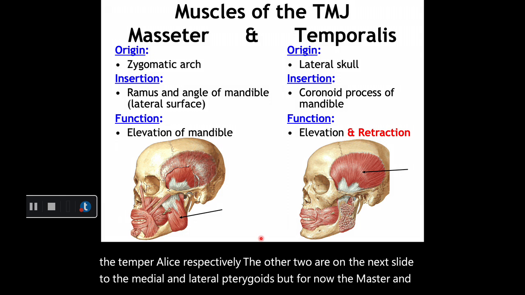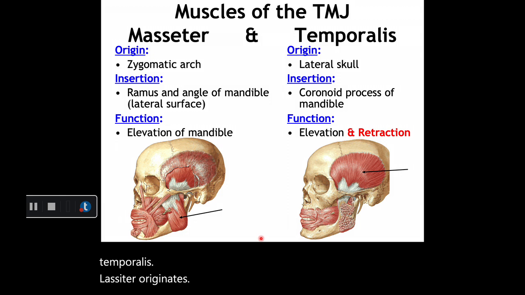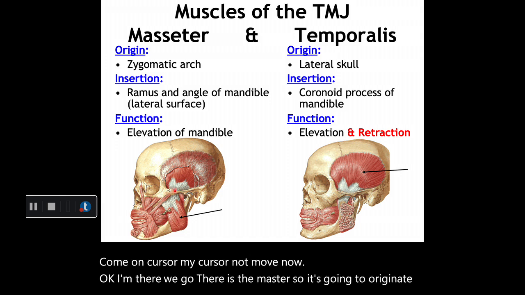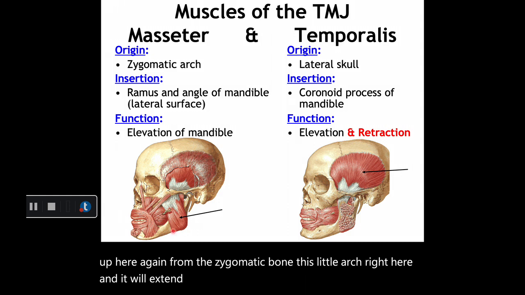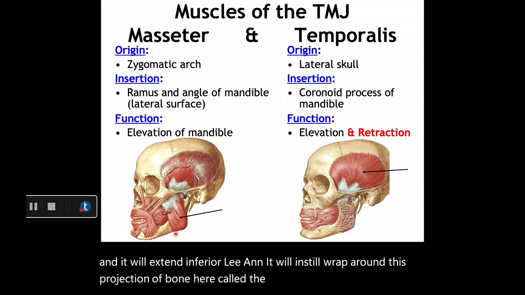Masseter originates... oh, come on, cursor. My cursor not move now? Okay, there we go. There's the masseter. So it's going to originate up here, again, from the zygomatic bone, this little arch right here, and it will extend inferiorly, and it will wrap around this projection of bone here called the ramus and the angle.